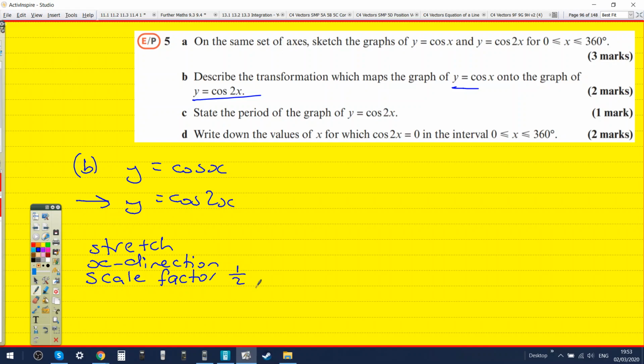It is times a half. So you did this a little bit in GCSE. It looked a bit different, but it's this exact same idea. With the x's, it's always the reverse. With the y's, it's the same because they already moved it to the other side.